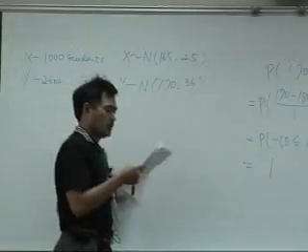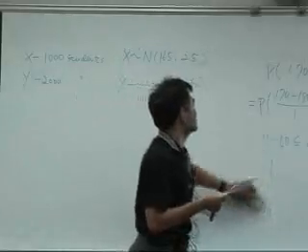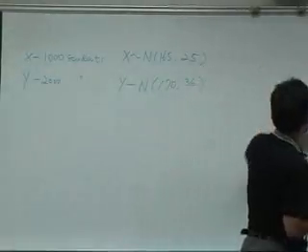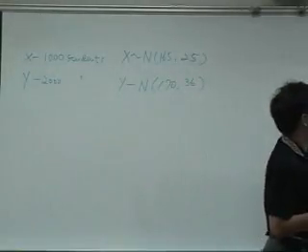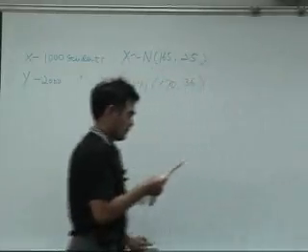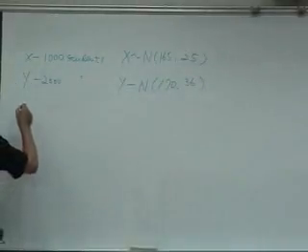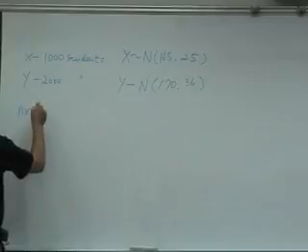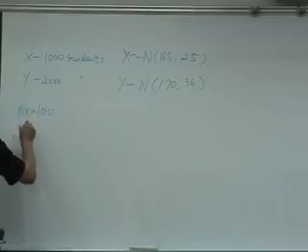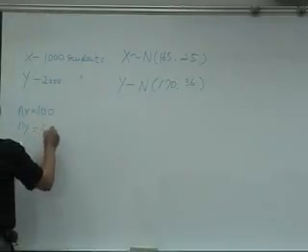How many do you choose? We choose 100 students from X, so NX is equal to 100, and NY is equal to 64.